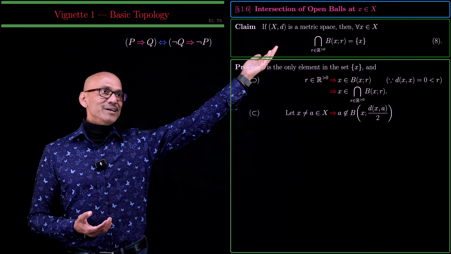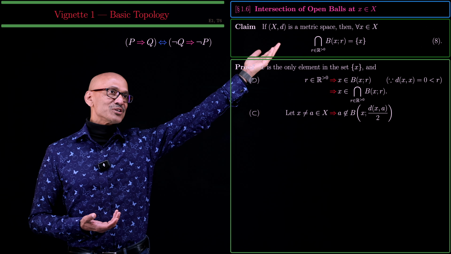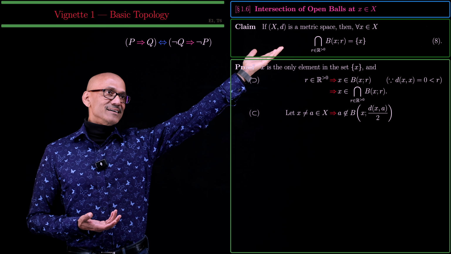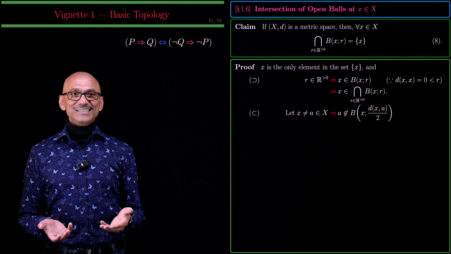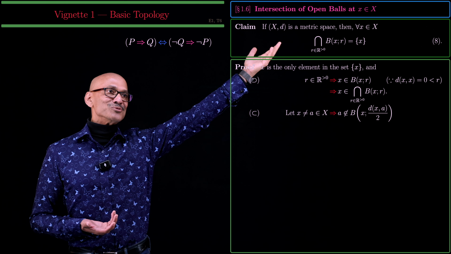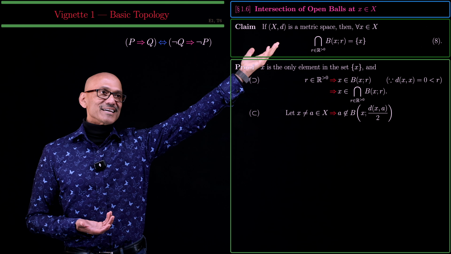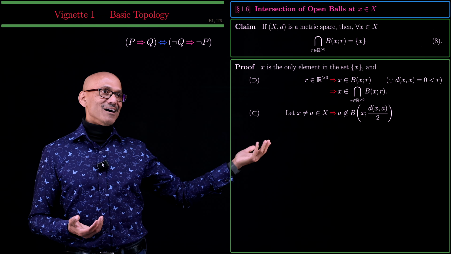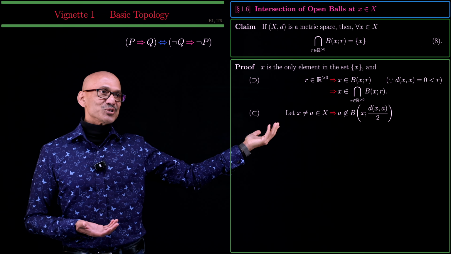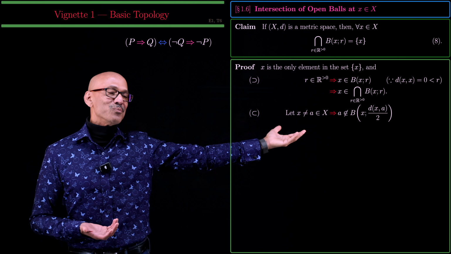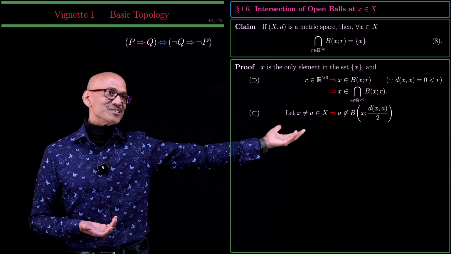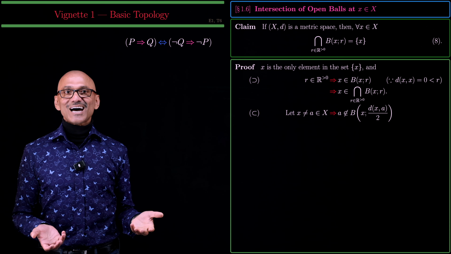Armed with this knowledge, let's now attempt the left inclusion. We are to show that if an element belongs to the intersection of all open balls centered at x, it belongs to the singleton x. Equivalently, we can show, as we have established, that when an element does not belong to the singleton, it does not belong to the intersection. And so let's take an arbitrary element a in capital X, which is not equal to x, and surely a does not belong to the open ball centered at x and radius half the distance between x and a. So a lies outside this open ball.